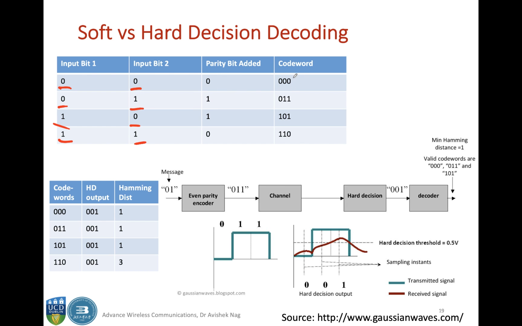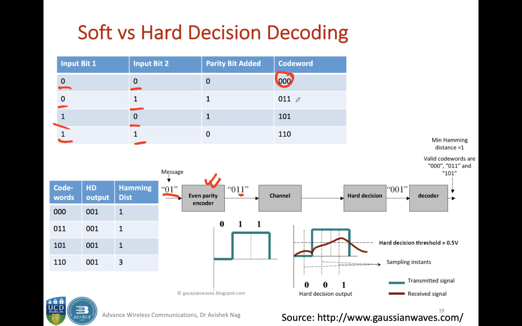So your code words are 3 bits. For message bits 00, you have the code word 000. For 01, you have 011, and so on. Now you are transmitting the message, let's say 01, and you are sending it through this parity encoder that adds another 1 here.